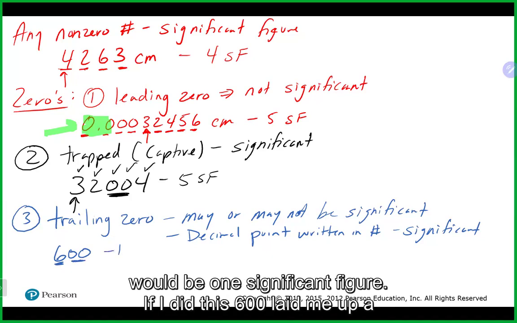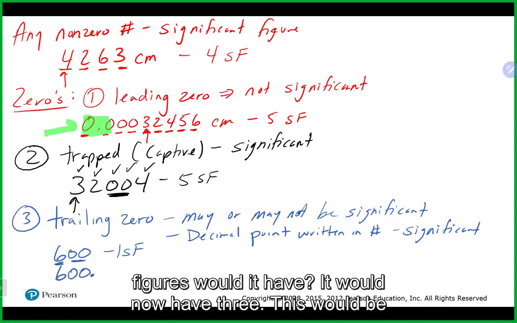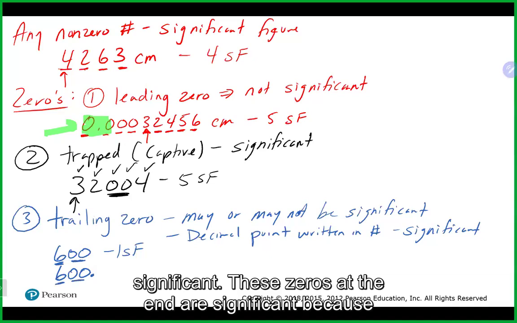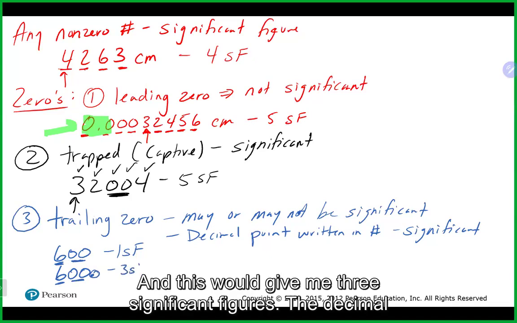So this would be one significant figure. If I did this, 600 with a little decimal point right about there, how many significant figures would it have? It would now have 3. These zeros at the end are significant because there is a decimal point actually written in that number, and this would give me 3 significant figures.